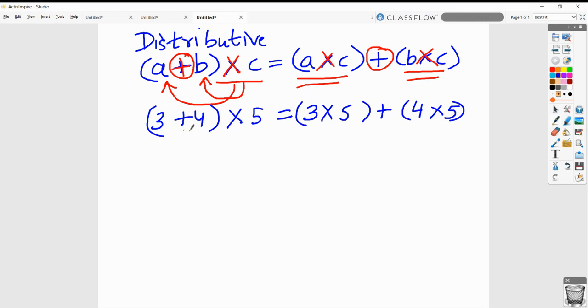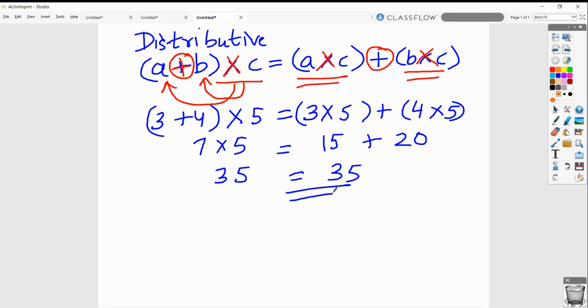Let us see whether we'll get the same answer. 3 plus 4 is 7, 7 times 5 is 35. 3 times 5 is 15, 4 times 5 is 20. So I'm getting 15 plus 20 as well as 35.